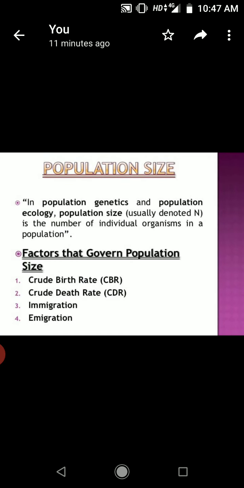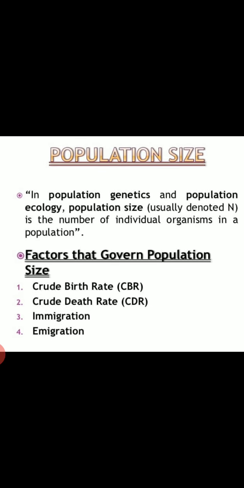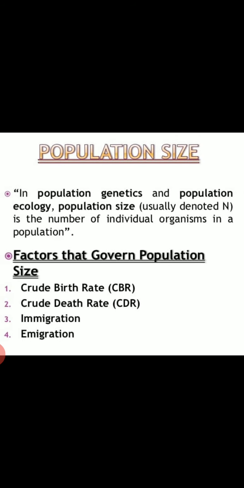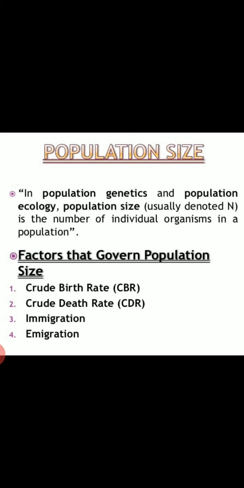Next, population size means what? In population genetics and population ecology, population size is the number of individual organisms in a population. We count the number of organisms in a population, and that is called population size.